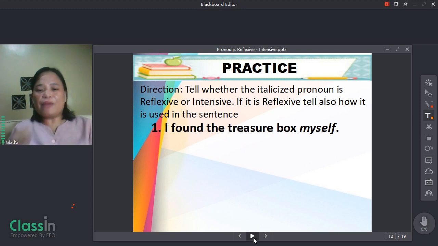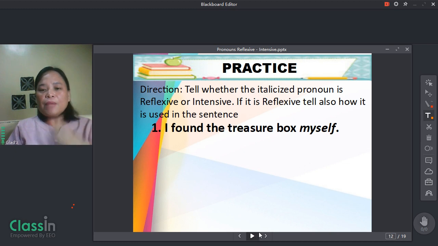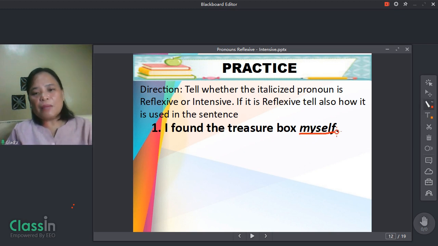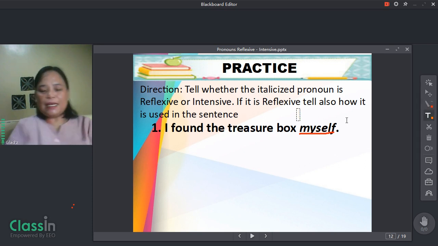I myself found the treasure box. What is the italicized pronoun? We have myself. So let us identify whether it is intensive or reflexive. In this case, this is an intensive.